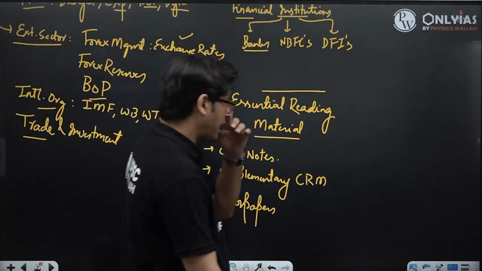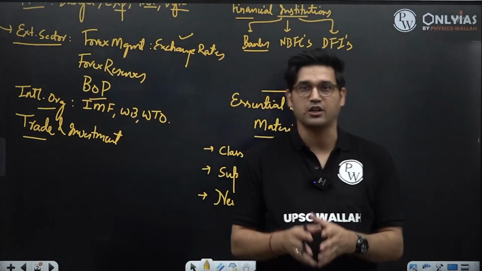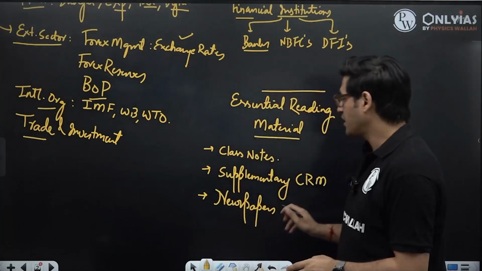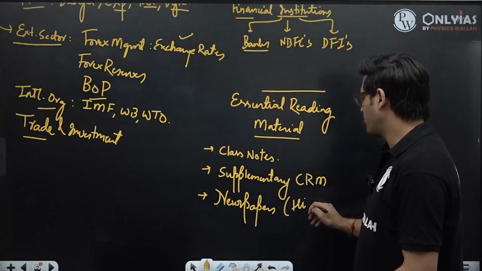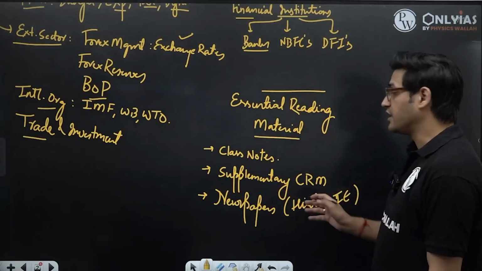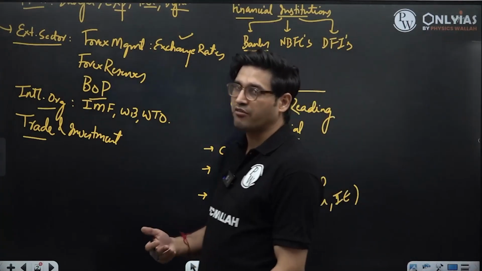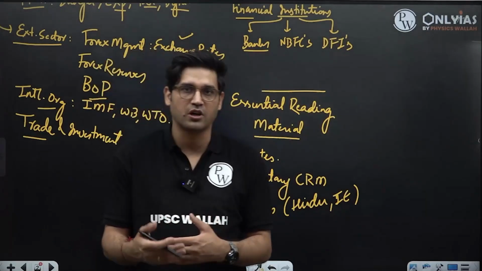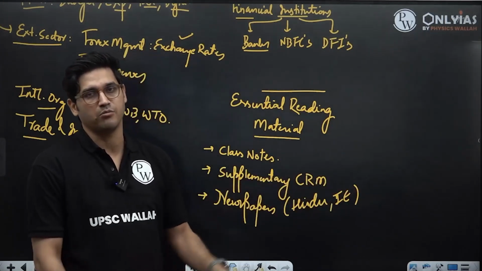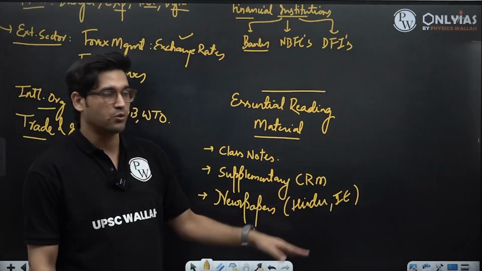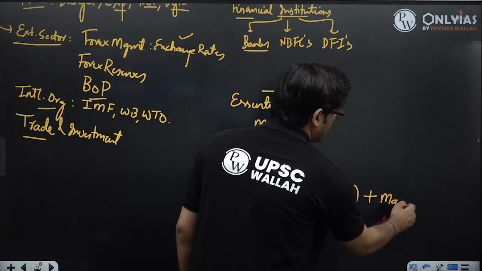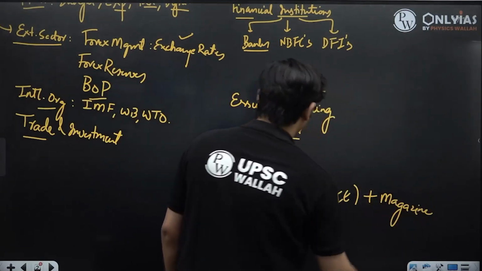newspapers. So ideally speaking, you should be covering two newspapers, which is the Hindu and the Indian Express. Herein, what you can do is you can pick at least one of the two, the Hindu and Indian Express. Some people find the language of the Hindu to be a little more troublesome, so they can, in terms of coverage, also cover events from the Indian Express, any one of these two, and then supplement this with a monthly magazine.